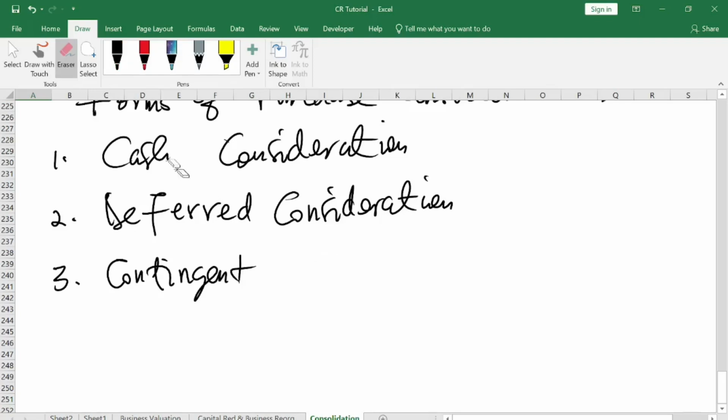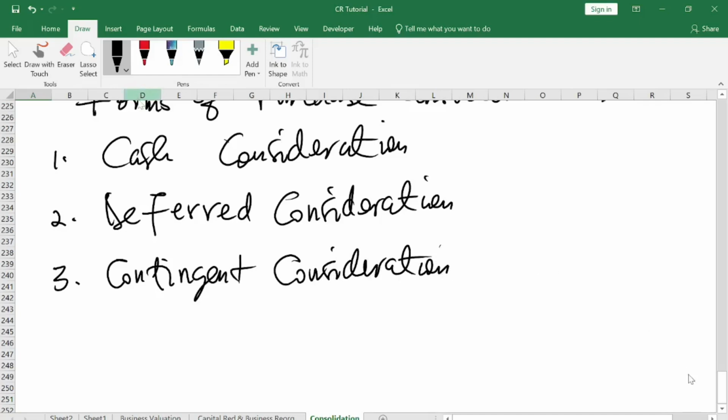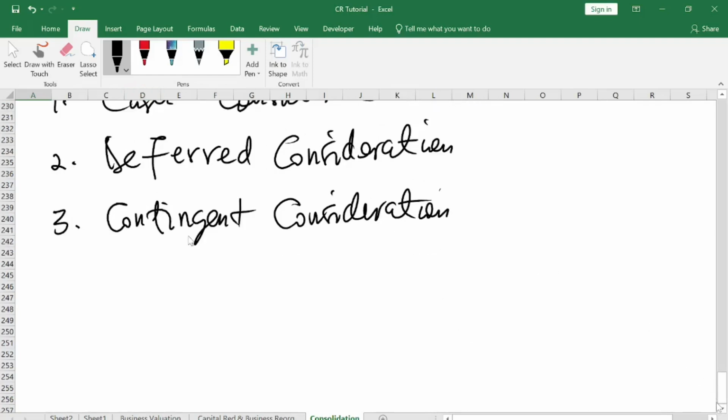When you come to contingent consideration, it's a condition in the arrangement. It's additional payment to the seller based on certain conditions that should happen. For example, the company may say the total cost of the company is maybe 50 million.